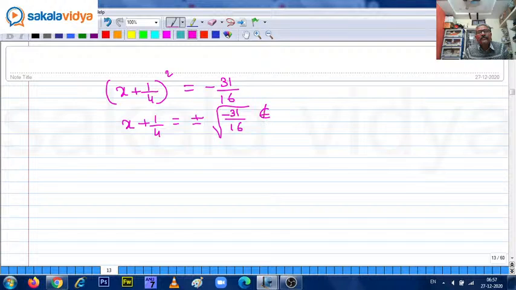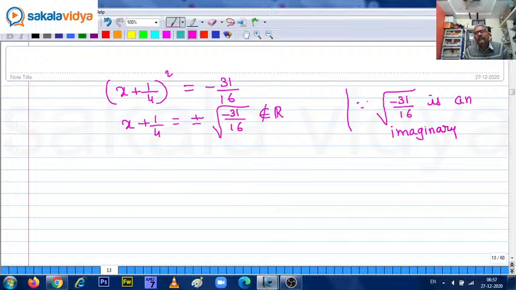It does not belong to real numbers. It's generally called imaginary. So the square root of the negative number minus 31 by 16 is an imaginary number. Therefore, it has no real roots.